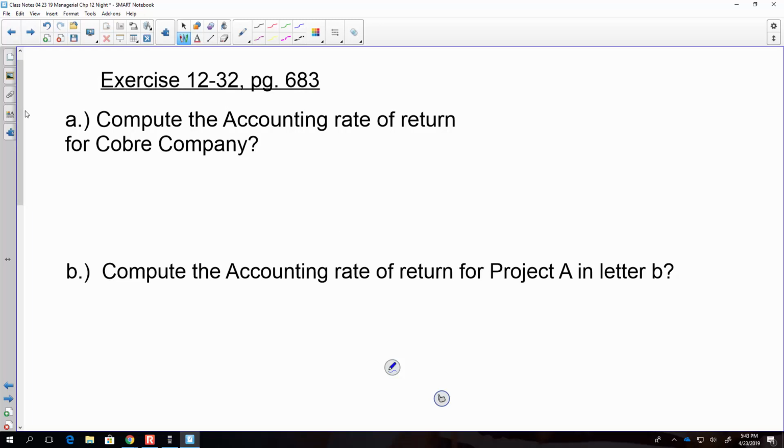The cash revenues are 6 million a year. The cash expenses are 4.8 million. We have an investment of 3.6 million. I'm going to subtract 0 because there's no salvage value. The life of it is 5 years.